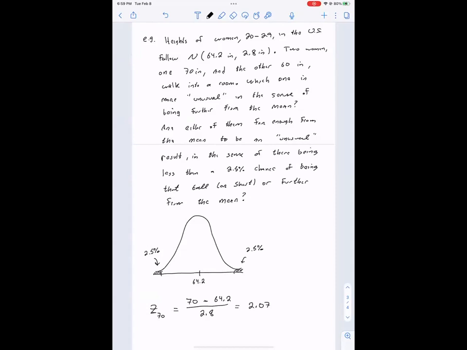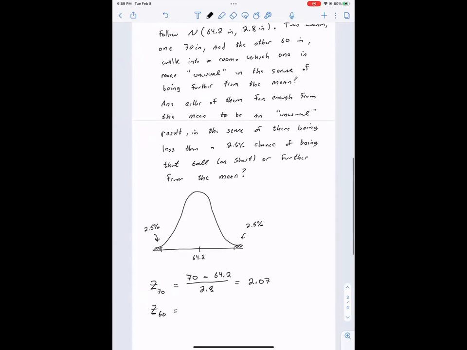And if I take the 60-inch woman and calculate her z-score, which is 60 minus 64.2 over 2.8, what does that give? Negative 1.5.